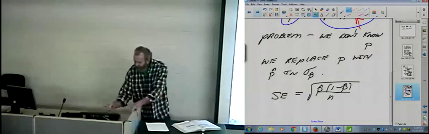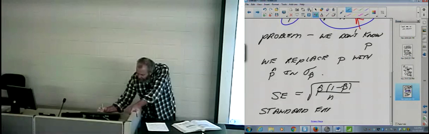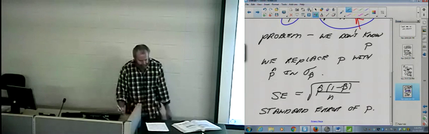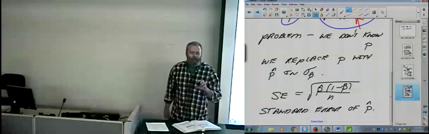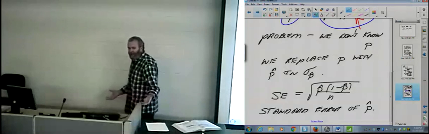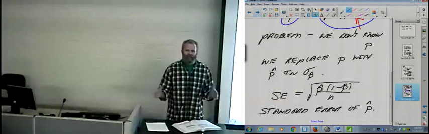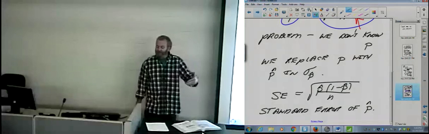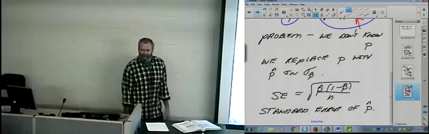That's called the standard error of P hat. Because not only are you estimating P, the mean of this sampling distribution, you are estimating the standard deviation of this sampling distribution with what's called the standard error of your statistic, the standard error of P hat. The reason it's standard error is because you're estimating the standard deviation.